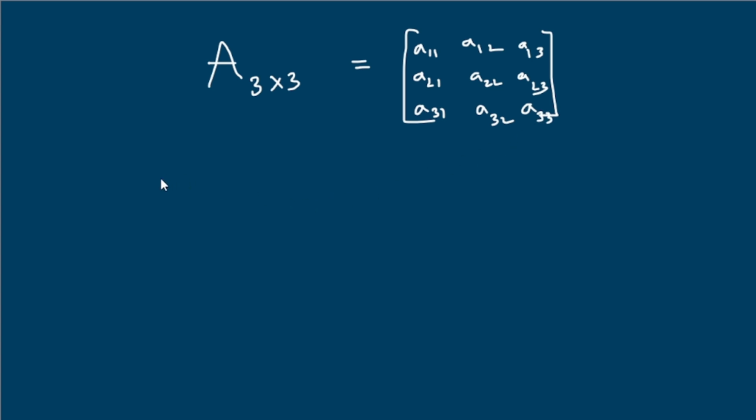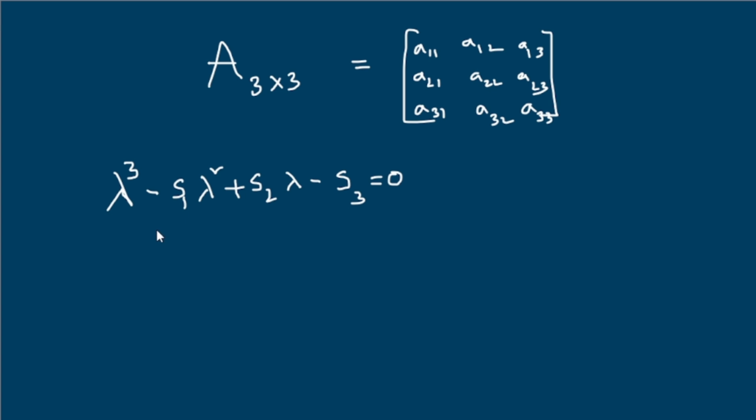Now, the characteristic equation of this matrix will look like lambda cube minus S1 lambda square plus S2 lambda minus S3 equal to 0.